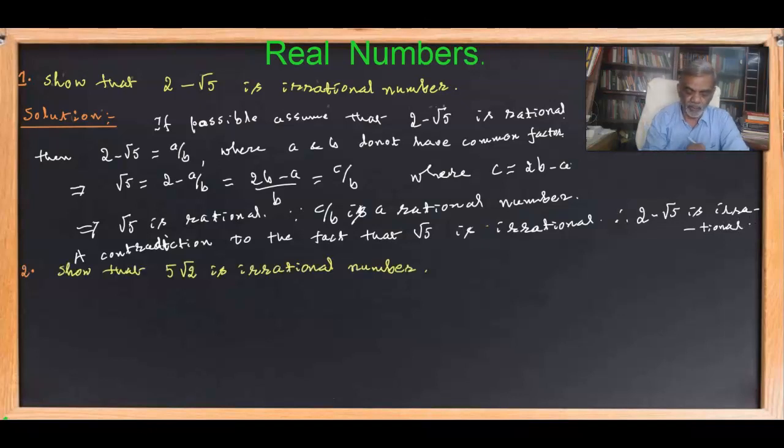Next example I would like to consider here: show that 5 into root 2 is irrational. The solution is similar to the above.